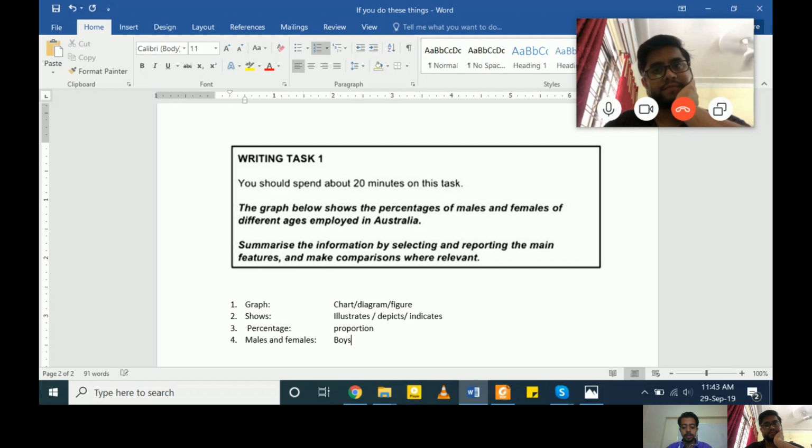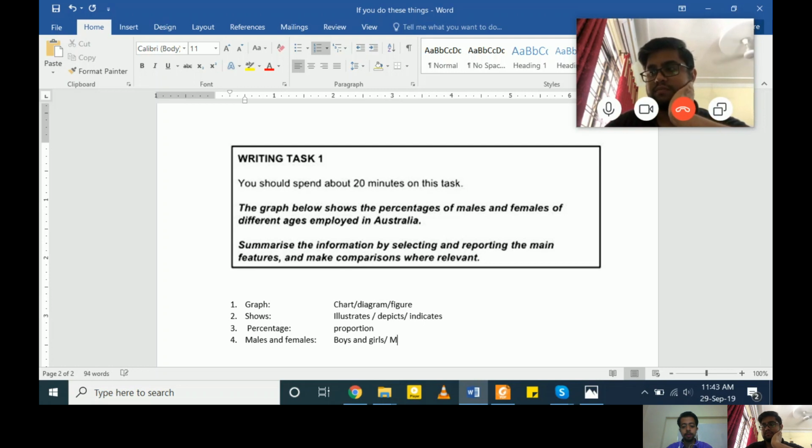Boys and girls, obviously we can do. Yes, good. Go ahead. But boys and girls we will write if the age range is 15 to 25. Obviously for people above, men and women, 40.